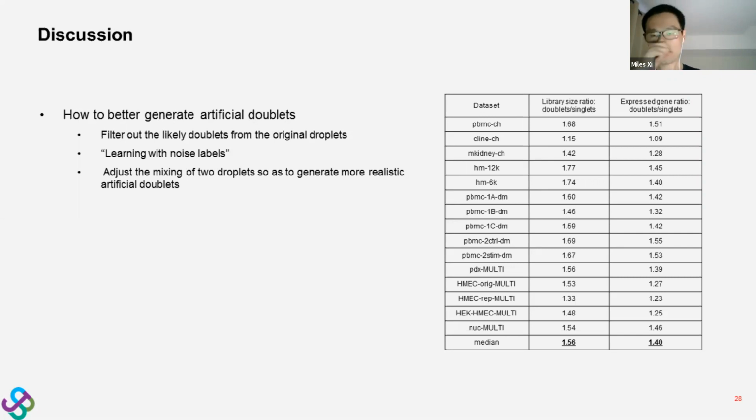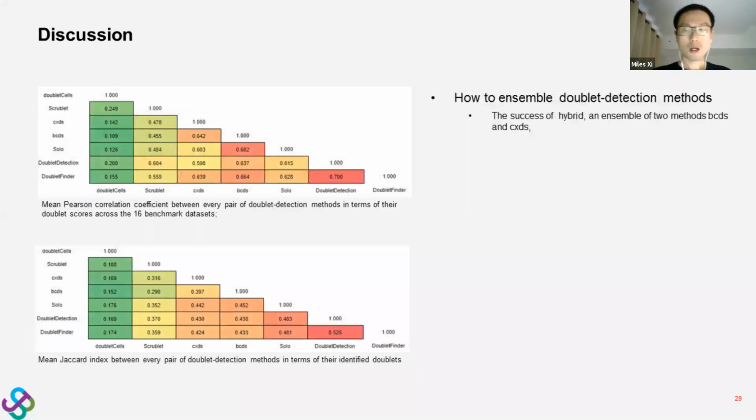So if you just randomly pick them and add them together, you are not getting very accurate artificial doublets. So people may think we should consider all those numbers to make your artificial doublets more similar to real doublets labeled by experiments.